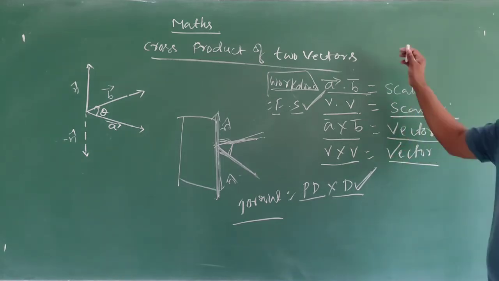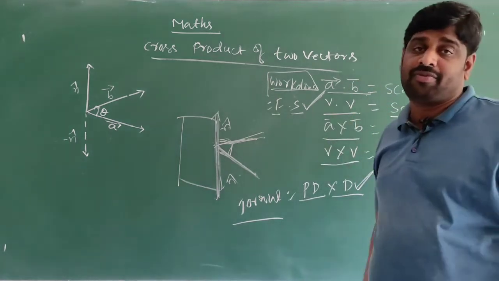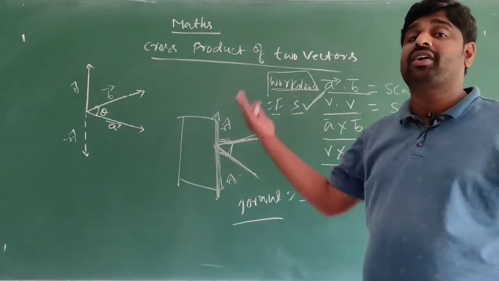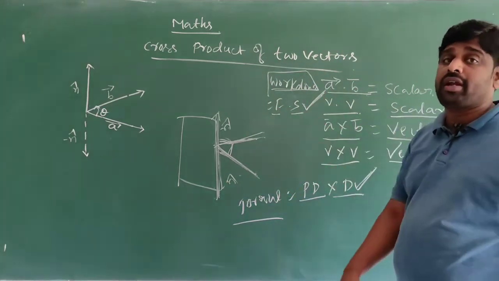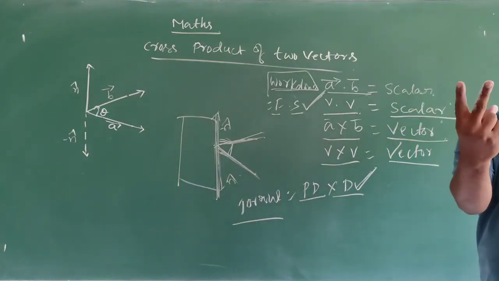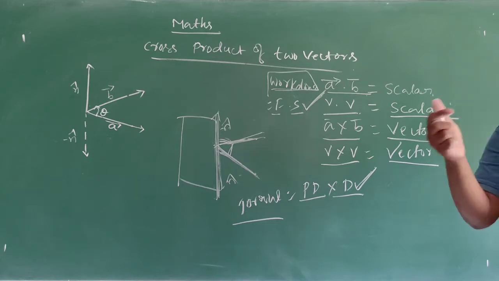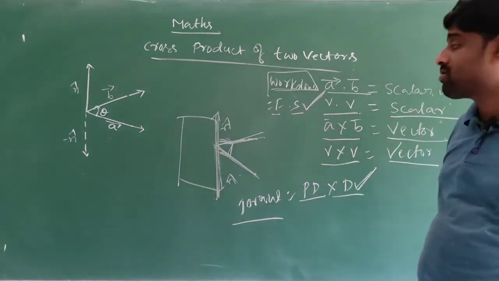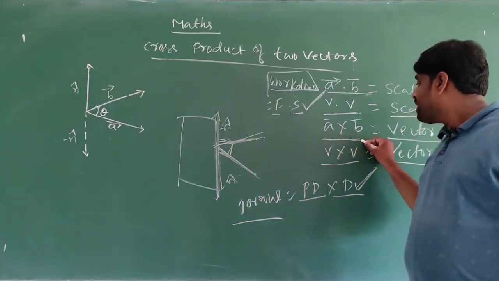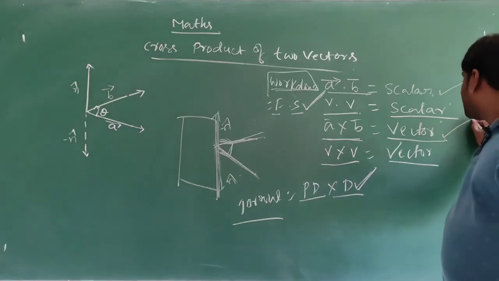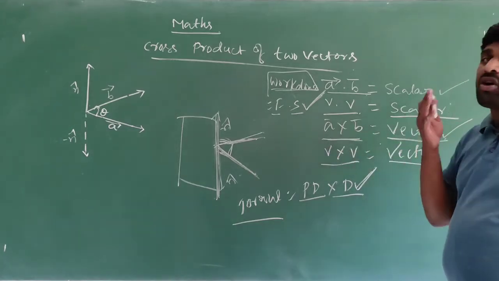The scalar triple product is different: the dot product of a vector with a cross product of vectors is the scalar triple product. The dot product of any two vectors gives a scalar. The cross product of any two vectors gives a vector.